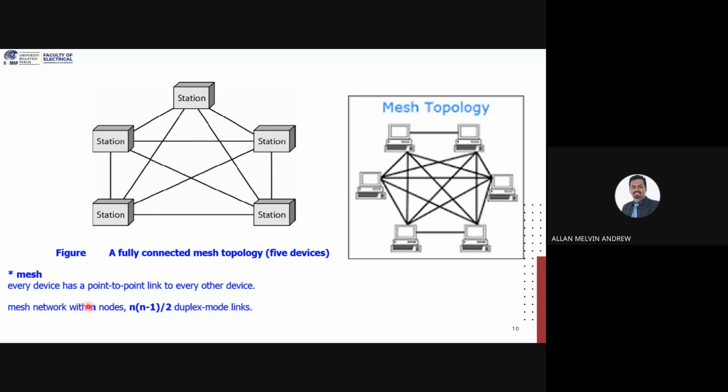Anyone can give a try. What is n for this case? Is it 5? Yeah, 5, because n is the number of nodes. So you have node 1, node 2, node 3, node 4, node 5. So n is 5. You substitute in this formula. So what will you get?